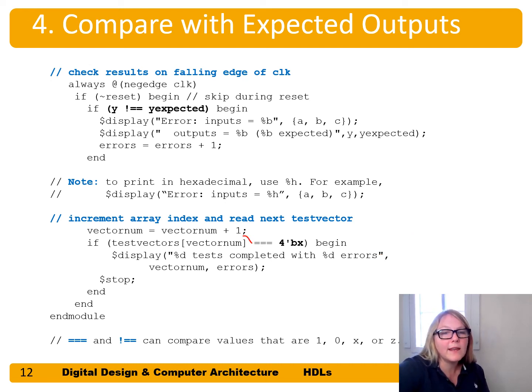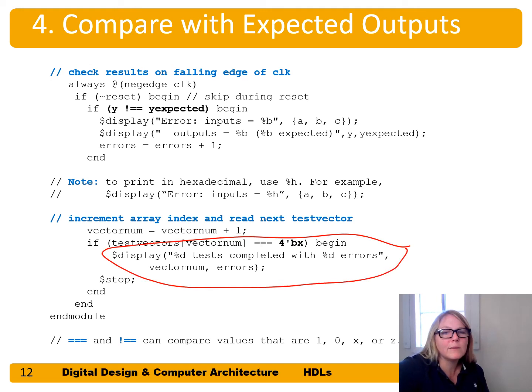But once vector num is 8, these are undefined. They're equal to 4 bits of binary x. And then we would print this summary statement of completed. In this case, it would say 8 tests completed with however many errors happened. So remember, this first %d corresponds to the first argument after the quotes, and the second %d, the second argument. If you had more %d and wanted to print other things, we'll just have more arguments listed here.